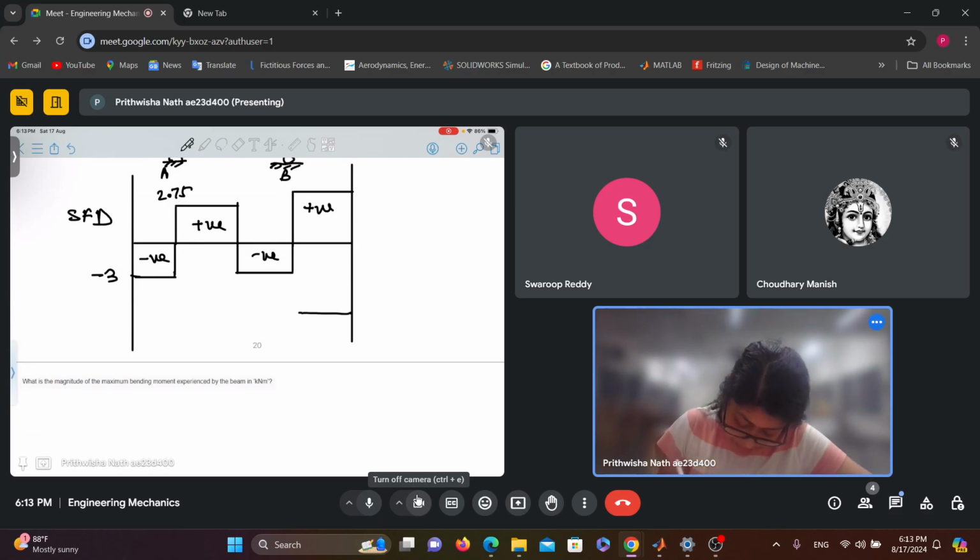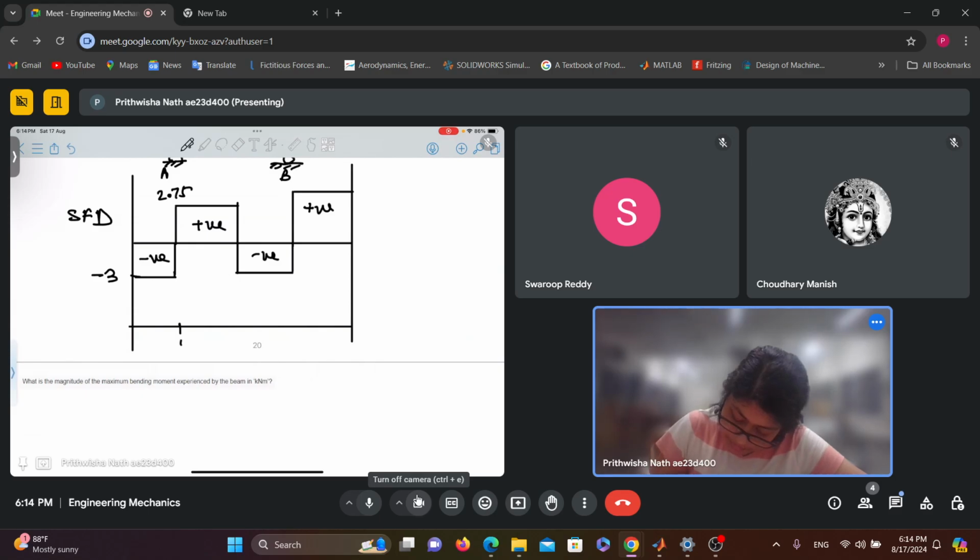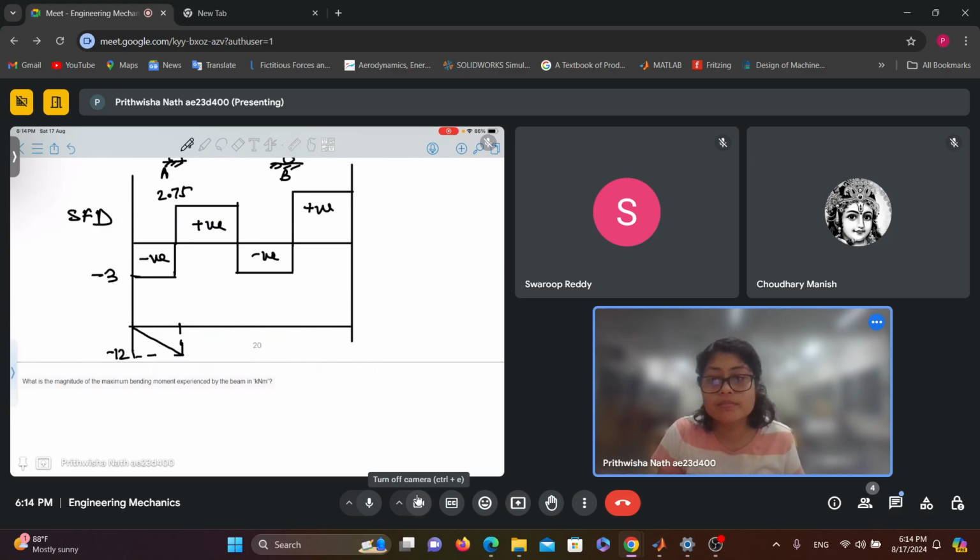So at x equals to 0, what is m? It is 0, right? And at x equals to 4, it is minus 12. So this point is minus 12, right? Just look at the equations that we got.